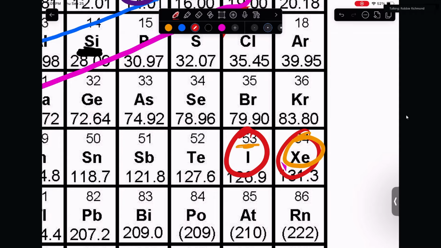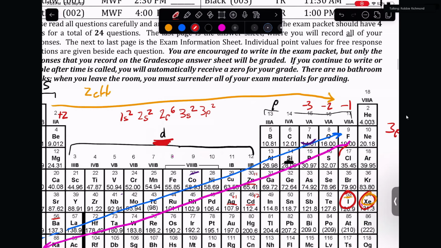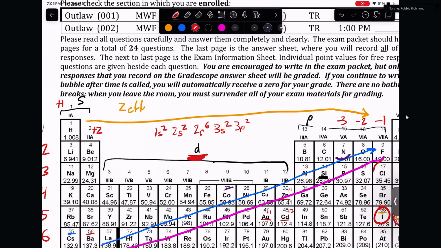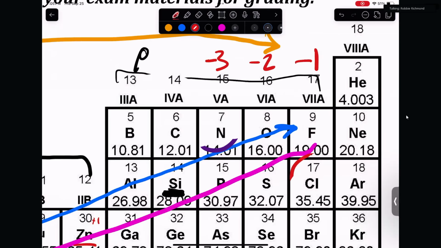So if you have more protons, that's a higher effective nuclear charge. That same trend is true. So effective nuclear charge goes from left to right, and it's calculating how effective the nucleus is at sucking in our electrons from the outside.